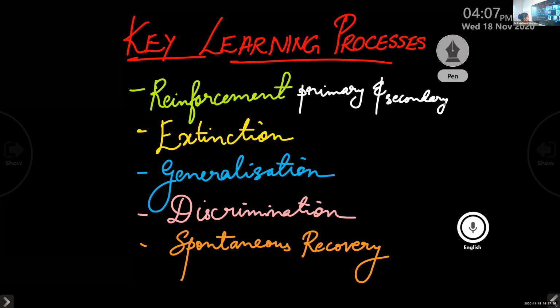Generalization is basically reacting similarly to similar stimuli. And differentiation, discrimination also I'll explain. It is reacting differently to different stimuli. As simple as that. Discriminate between the two stimuli. So if the child had the quality or the process of discrimination, then he would actually differentiate that this is a honeybee and this is a mosquito.